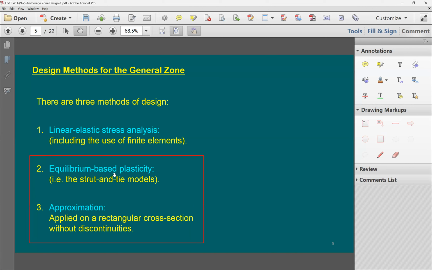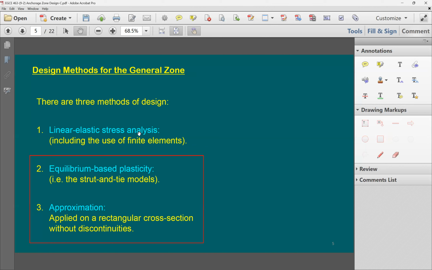So the code has certain equations. The code says, if you'd like to do this approximate method, here are my equations. It's kind of what you call a prescriptive method. But this method is also allowed by the code, provided that it is an approved, acceptable engineering method to figure out the stresses and the forces acting on the beam.